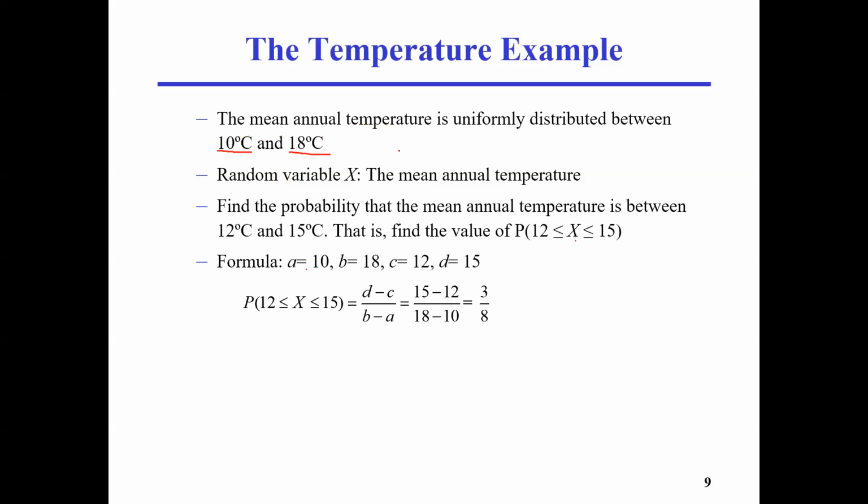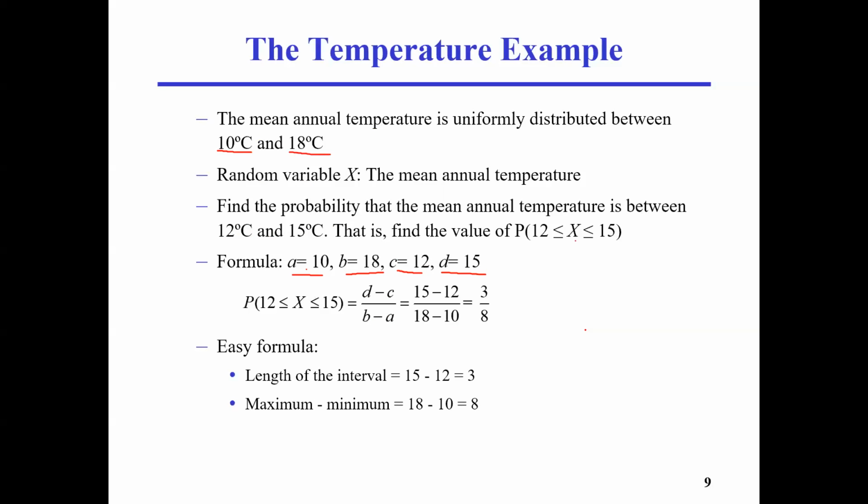If the temperature is higher than 18 or lower than 10, it's not going to happen, so the probability density function is 0. So A is 10, B is 18. And what's the probability between 12 and 15? C is 12, D is 15. D minus C divided by B minus A, so that's it. The probability is 3/8.